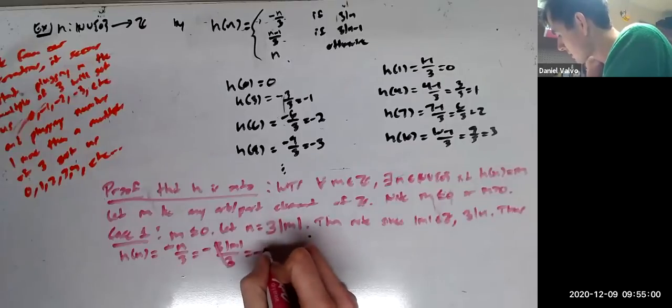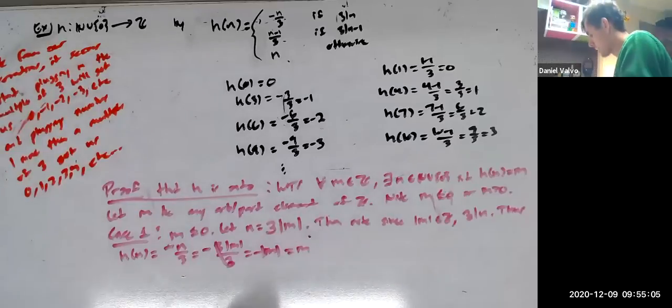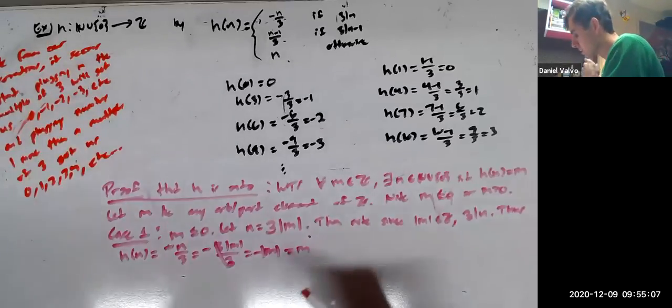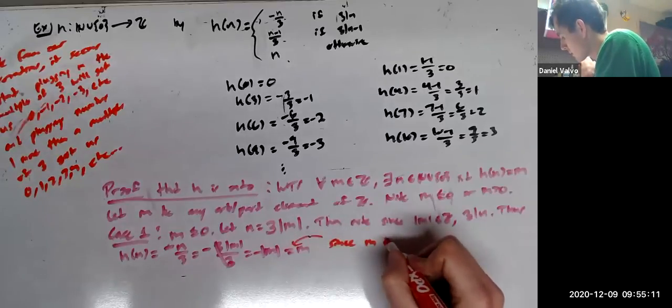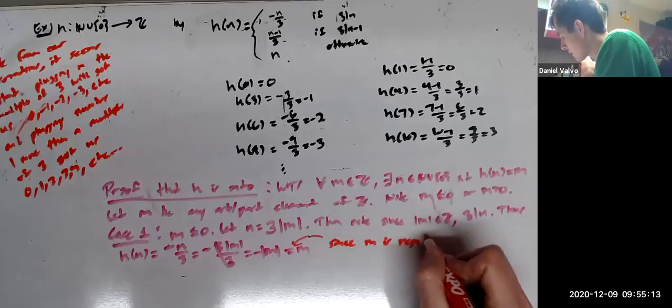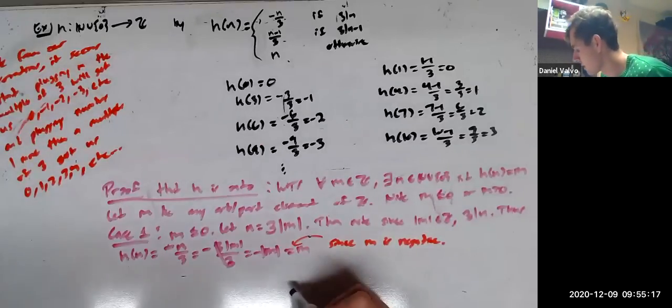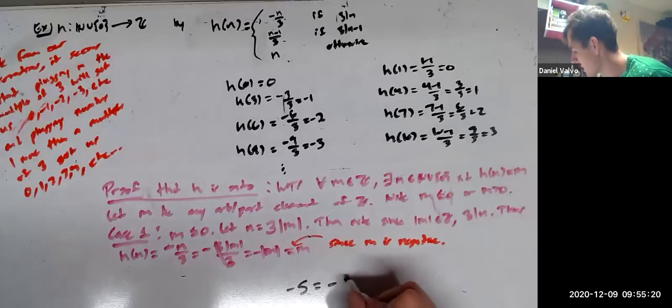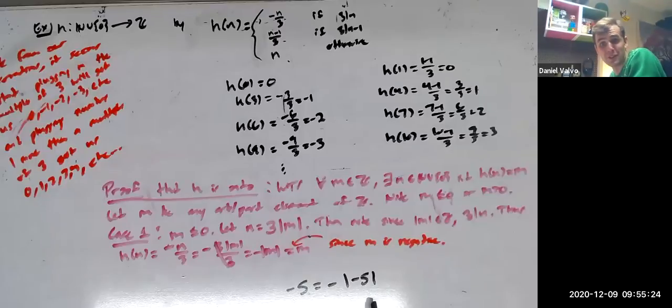These cancel out, and this gets you negative the absolute value of m, which equals m. And this is true since m is negative. Right? If you take any negative number, like say negative 5, it is going to equal the negative of its positive version, right? Obviously.